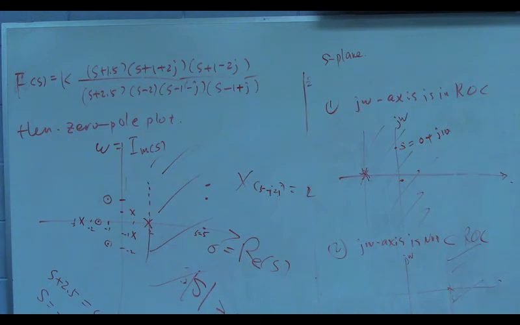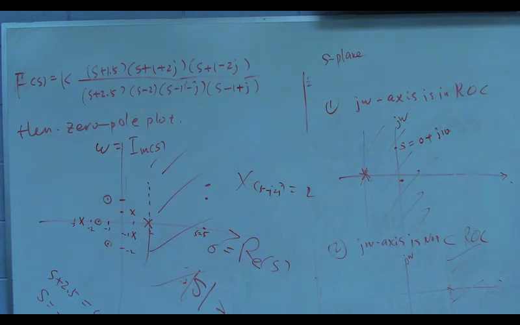Once you get all these zeros and poles, you need to be able to plot them on the zero and pole plot. The zeros are represented by a dot with a circle, right? Circle means zero. And the poles are represented by a point with a cross.